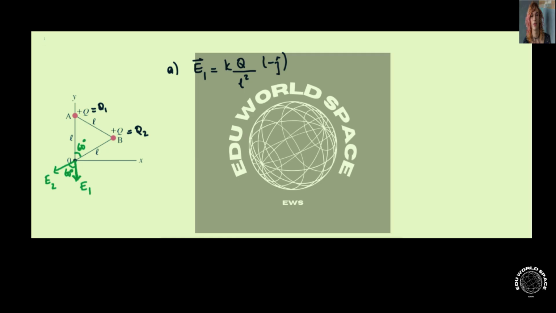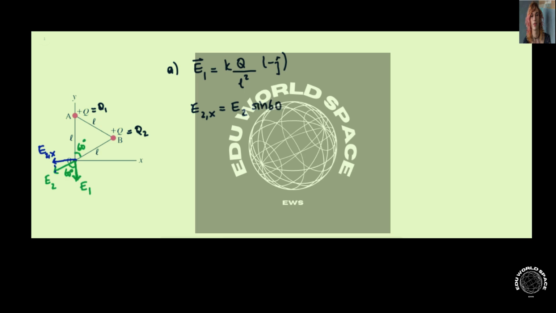Perfect. So if we want to do pretty much the same thing for the second vector, we're going to notice immediately that E2 is applied with an angle with respect to the X and Y axes. So we need to figure out the components in the X and Y axes, right? So if we're looking for the X component of E2, so E2x, then it is going to be equal to E2 times the sine of 60 degrees, right?